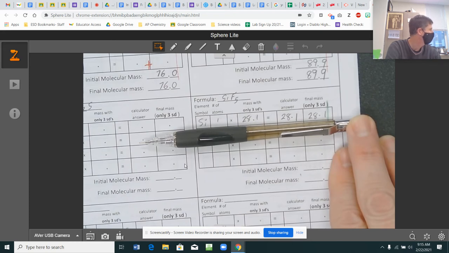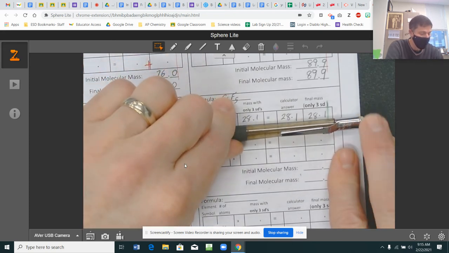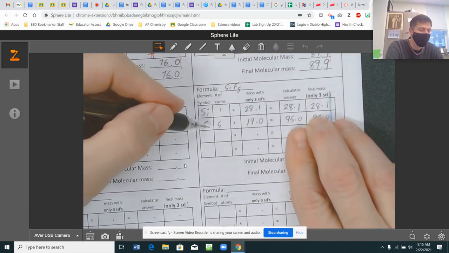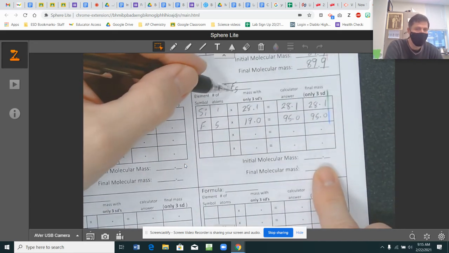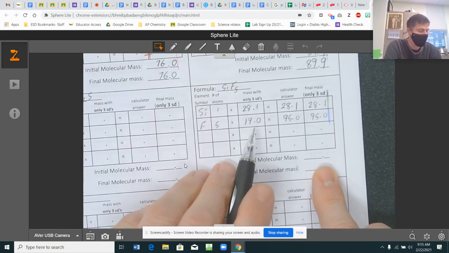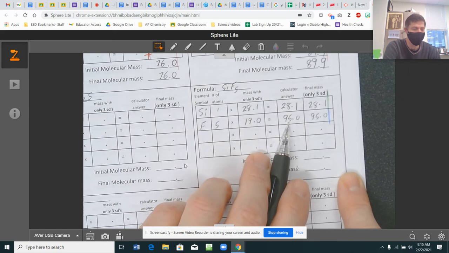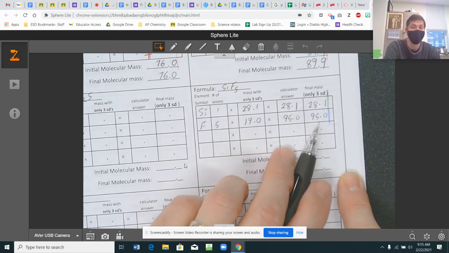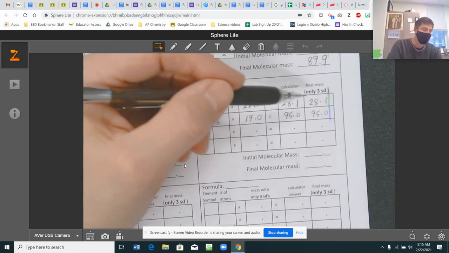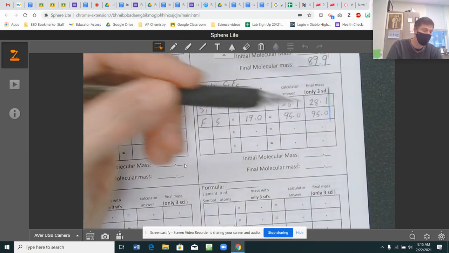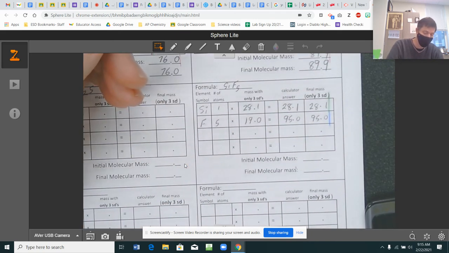It says 18.0. With fluorine, there are 5 of them from the pentafluoride. 19 is its mass, so 5 times 19 is 95. Adjusted to 3 sig digs, that stops at the tenths.